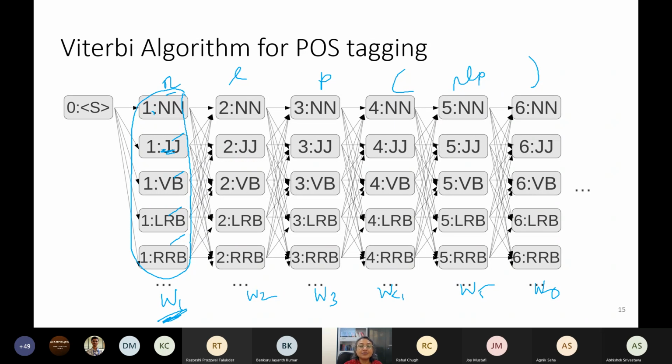After we have found these probabilities, next we come to the second column. In the second column, we want to find the probability that word 2 is a noun. It is not in isolation; we want to find the most likely tag sequence of word 1 and word 2, given that word 1 is natural and word 2 is language.